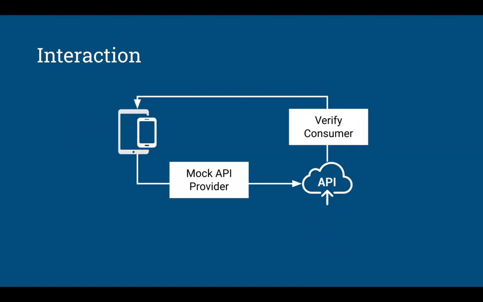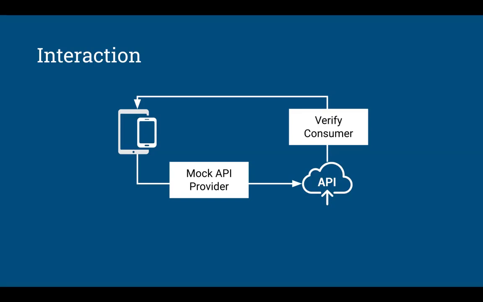The user, the consumer in the scenario, is spinning up a mock API provider in order to verify the contracts that they are creating. It creates the request, and then you actually send a real request to the Pact server.